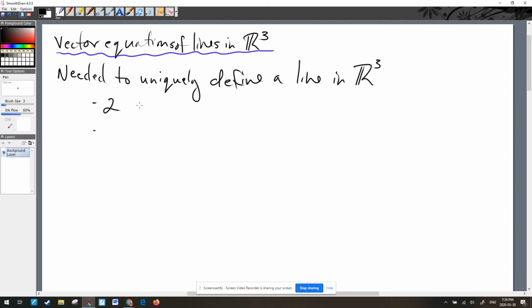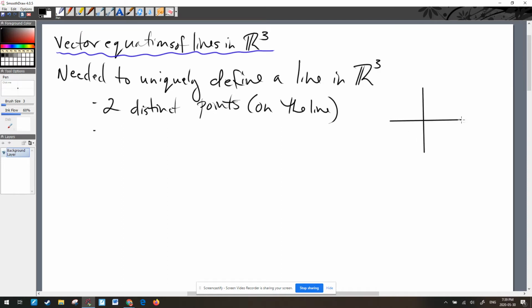Well, 2 distinct points on the line. I'm going to say on the line, but I think that goes without saying. So, envision that we had our axes in R3, and again, it's pretty hard to do this on a 2-dimensional surface. However, I've got one point where I go out, over, and up.